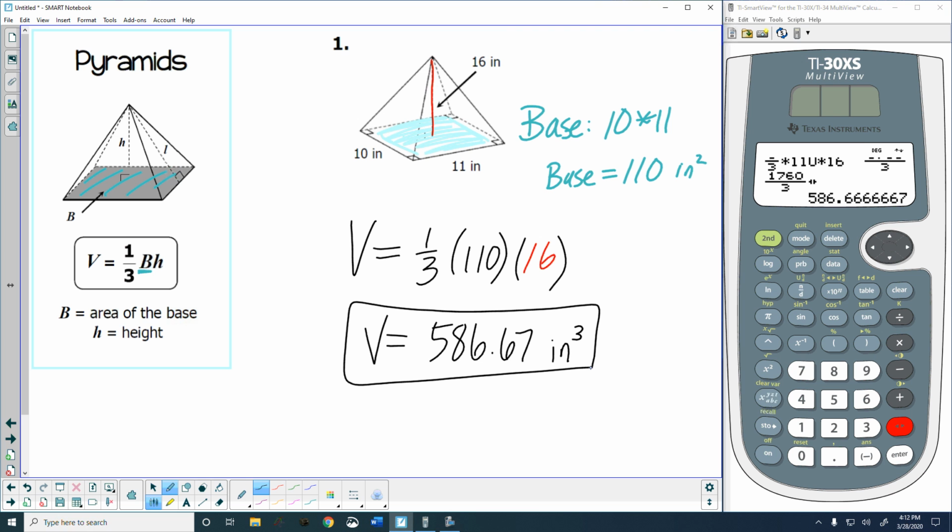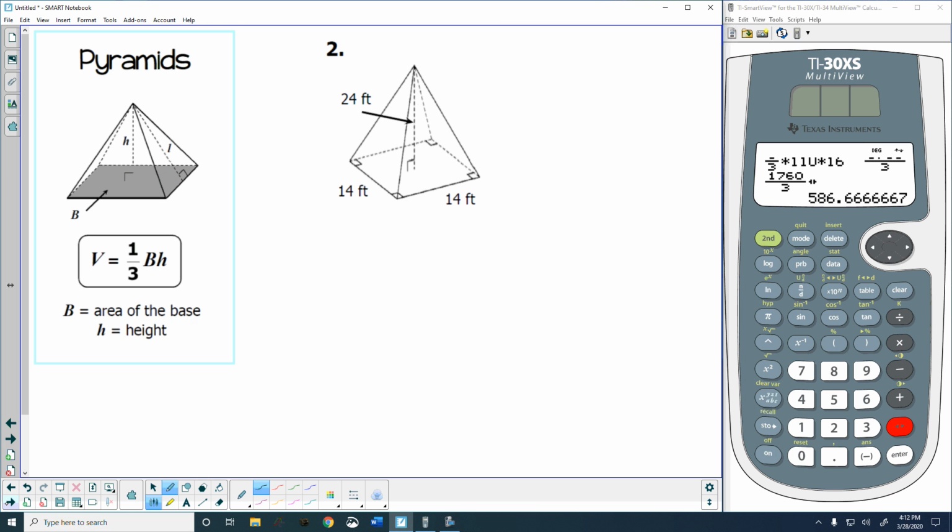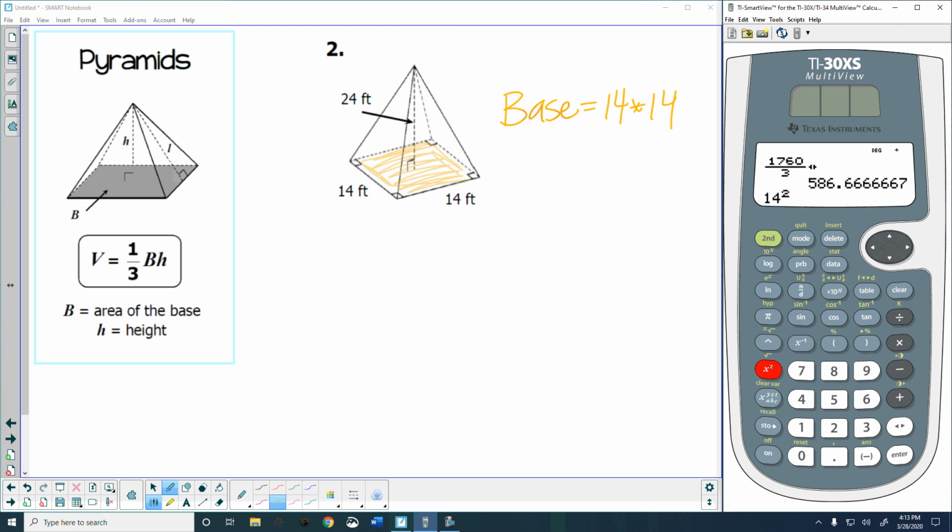So it's 3-dimensional. All right, next pyramid has a square base. The square base of this pyramid has dimensions 14 by 14. So we can calculate the base, 14 times 14, or in your calculator you could do 14 squared if you wanted. So our base is 196 square feet.